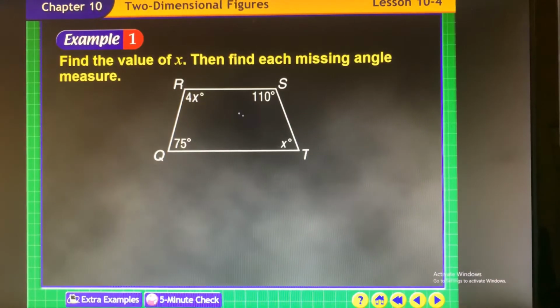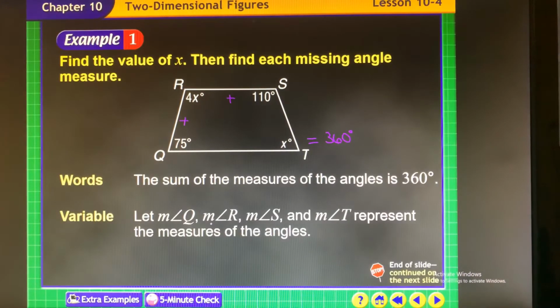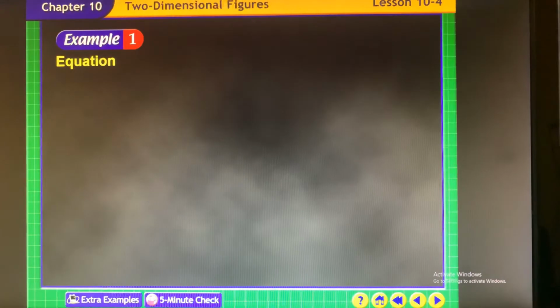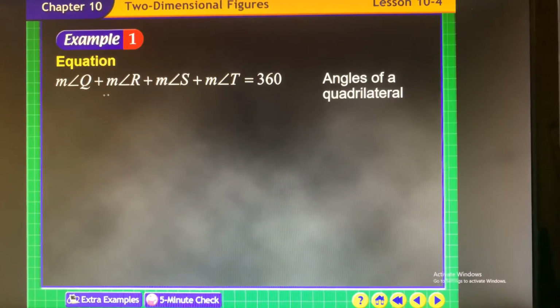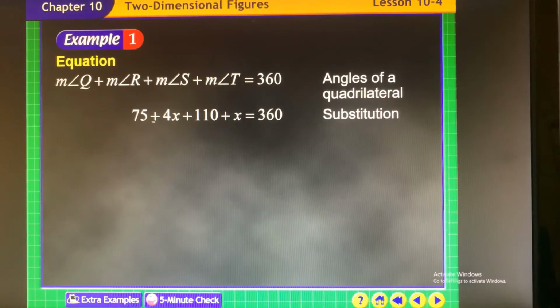Starting with this. So I have 4x plus 110. If I add all these together like this, and I say that the whole thing has to equal 360, I can use my algebra knowledge to put the information together. So all four angles equals 360. Put my 4x plus my x makes your 5x.